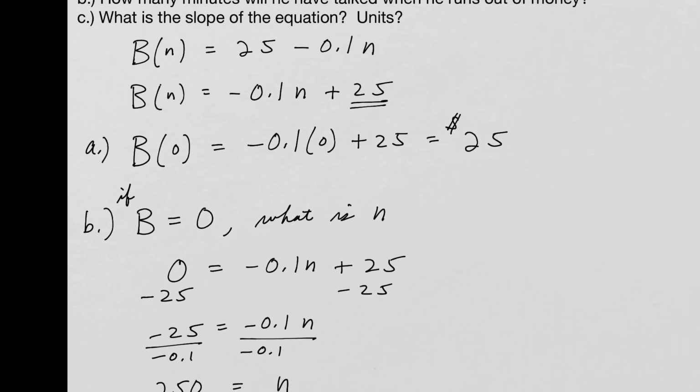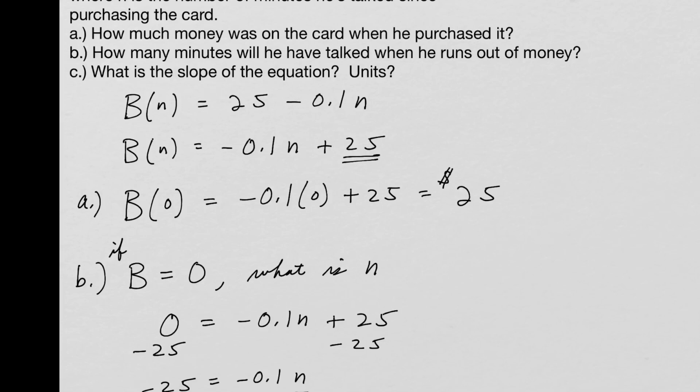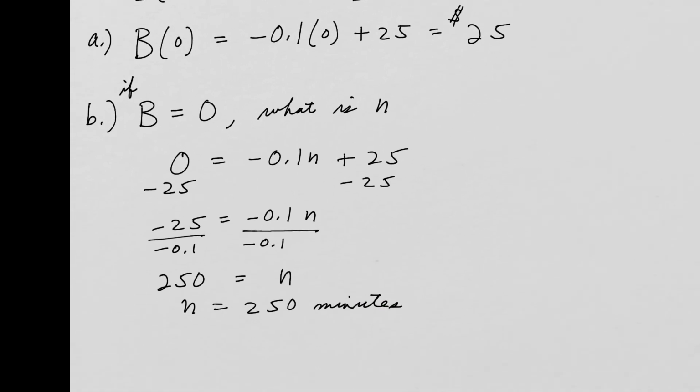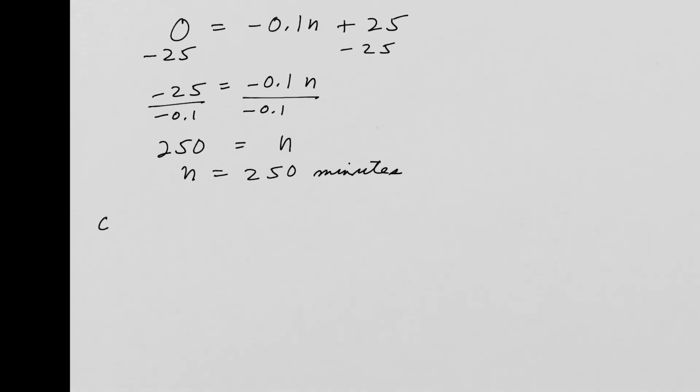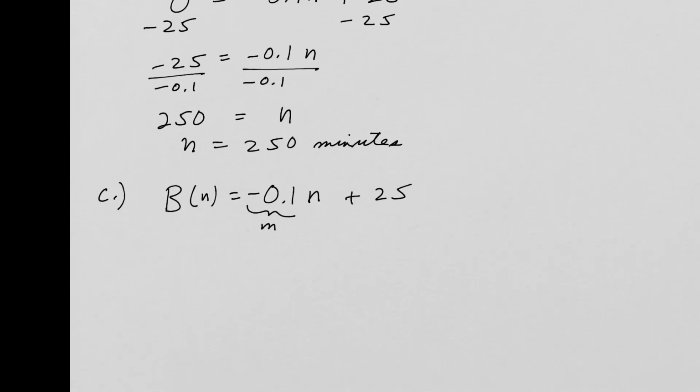And finally, the last question was, what is the slope of that equation and what are the units? Okay, so again, if we look at the equation, let me write it one more time. So B of n is negative 0.1n plus 25. Then the slope, I can just pick out that slope. This is the slope value right here. So the slope is negative 0.1.